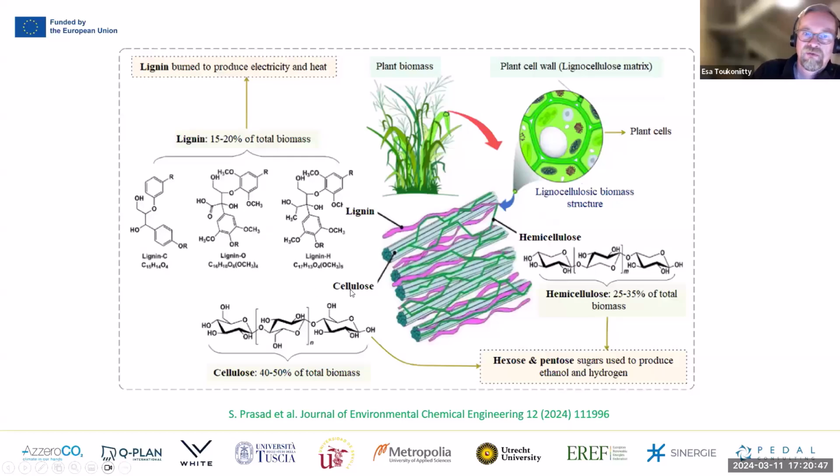So cellulose for paper production, hemicellulose is separated, and at least some parts of it are converted to ethanol, and then the lignin is always separated, and that mostly is burned and made into electricity and heat.